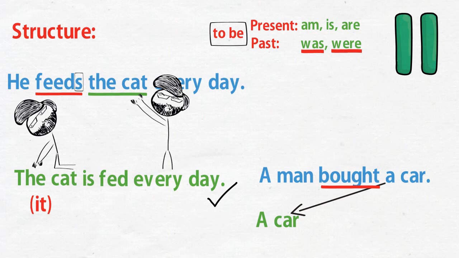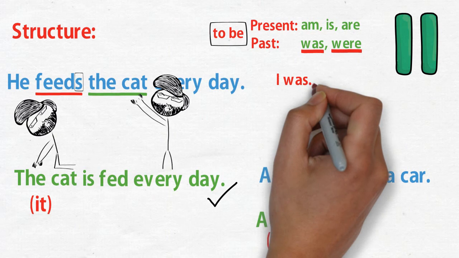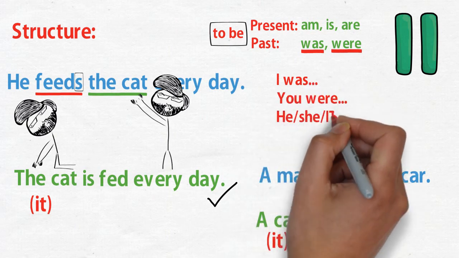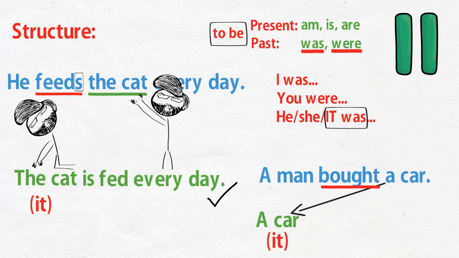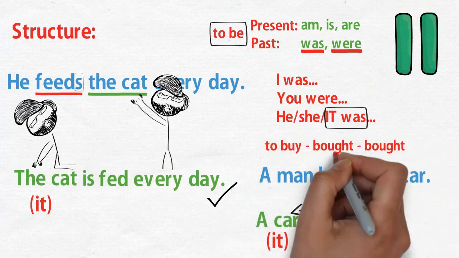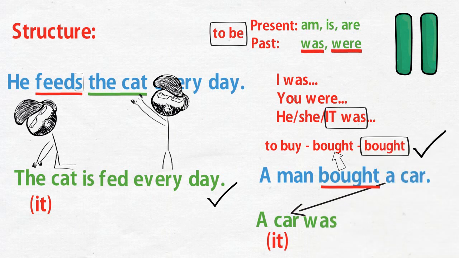A car can be changed with it. So we go I was, you were, he, she, it was. And now the past participle of bought, which is buy, bought, bought. So we end up using the same verb there. And that's how you do it.